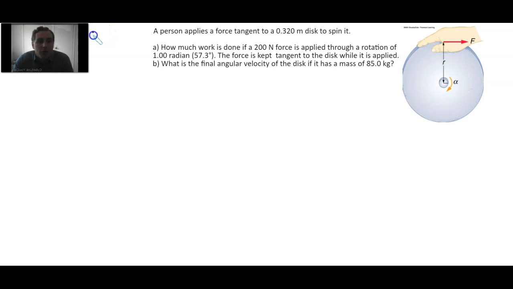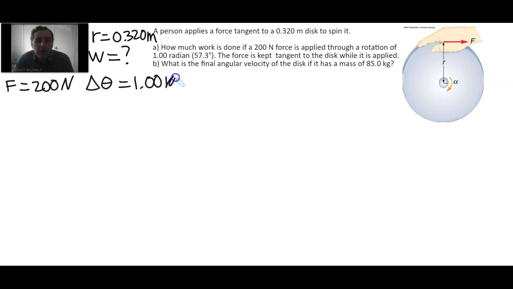It looks like we know what the radius of this disk is. That's 0.320 meters. We also know we want to find the work done if we have a 200 Newton force. So the force is 200 newtons, and it's applied through a rotation angle, that's delta theta, of 1.00 radians.